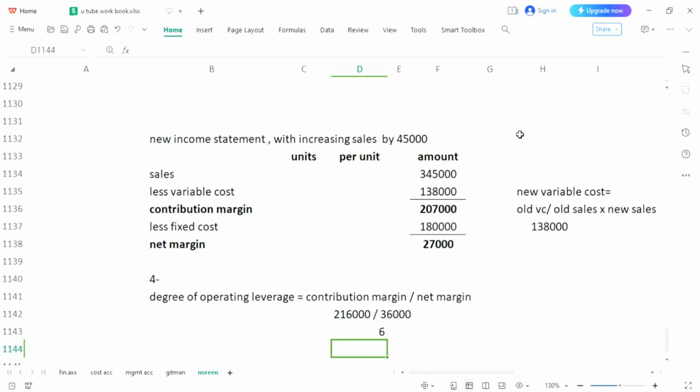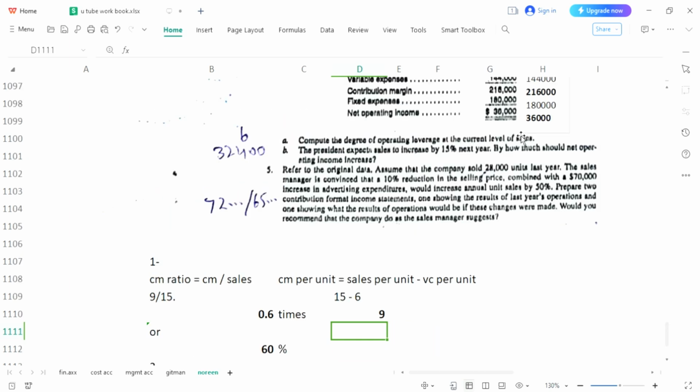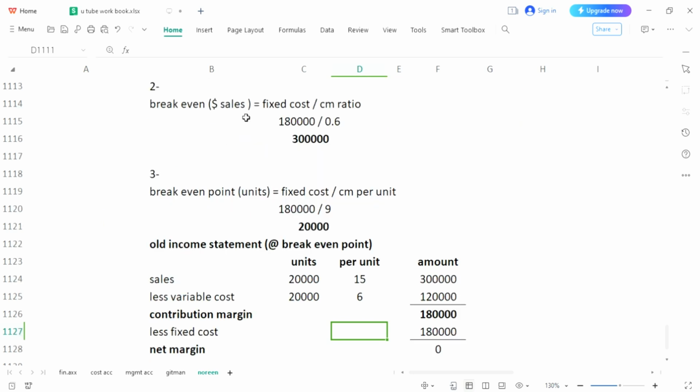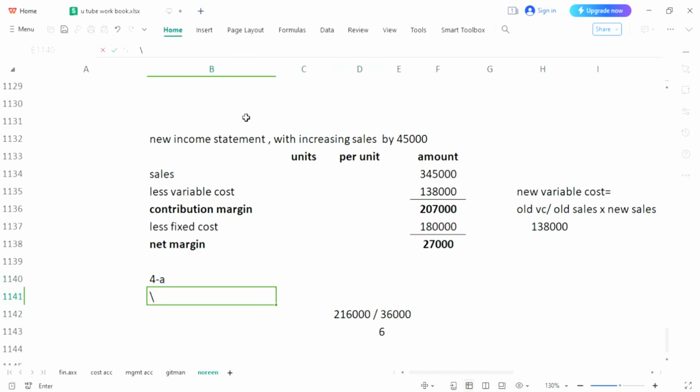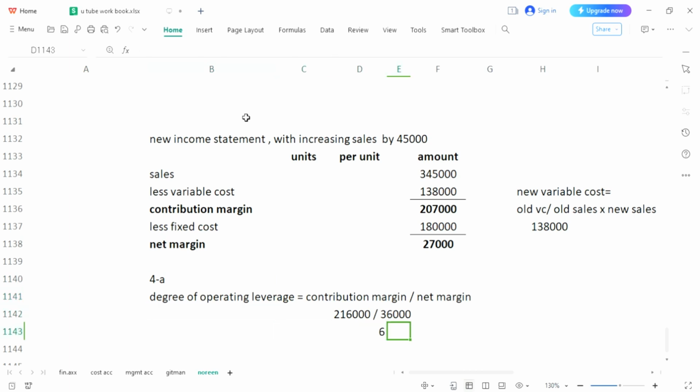So we have our degree of operating leverage. Let's check it out. Fourth A part, compute degree of operating leverage. The answer is 6. So we have completed the 4A part and the answer has been matched, which is 6.